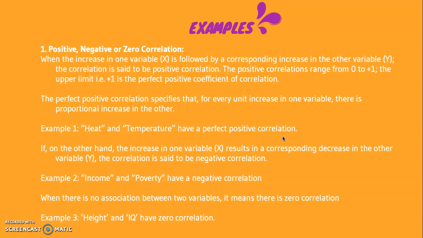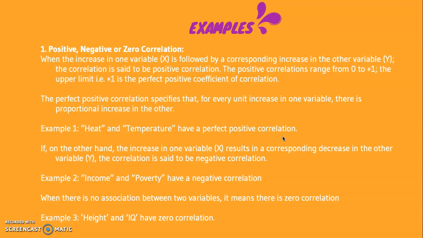But when you begin to reduce the amount of heat that you are applying to the object or the metal, the temperature will begin to reduce. This tells you that the value of heat and temperature are moving in the same direction. That is a good example of a positive correlation.